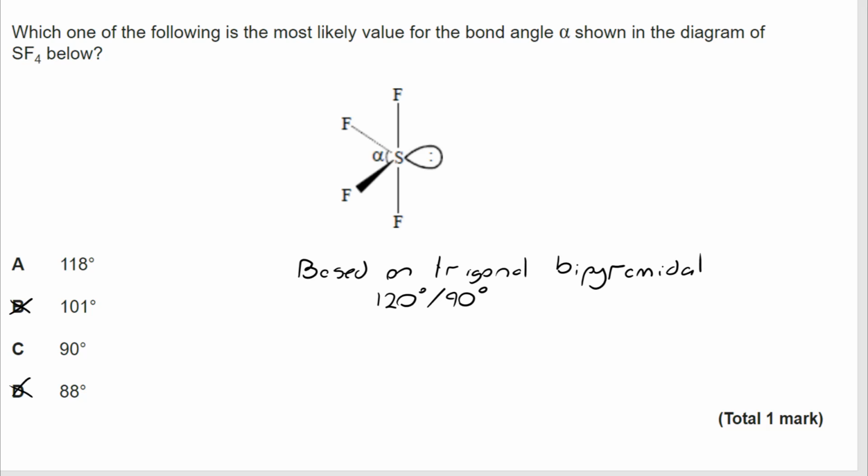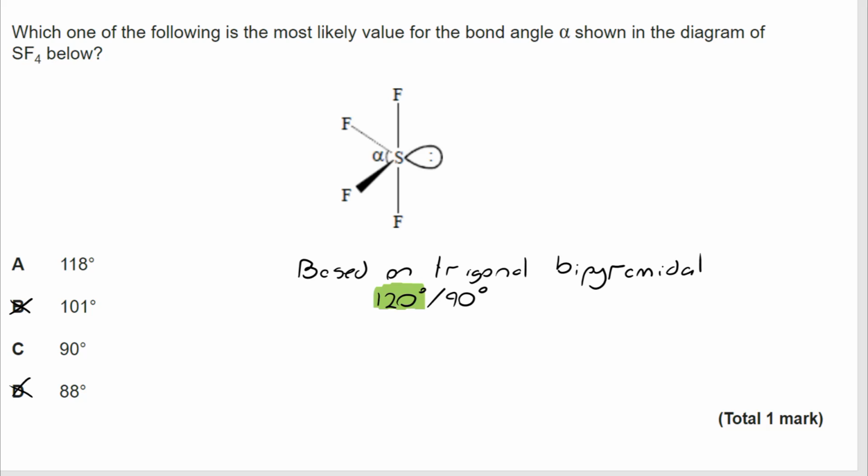So what we can then do is think about where within the structure the alpha actually fits. And if you think of trigonal bipyramidal as being a trigonal planar with one bond going up above it and one bond going down below, the alpha is within the trigonal planar component of it. So we know that that one's going to be 120 degrees rather than 90.